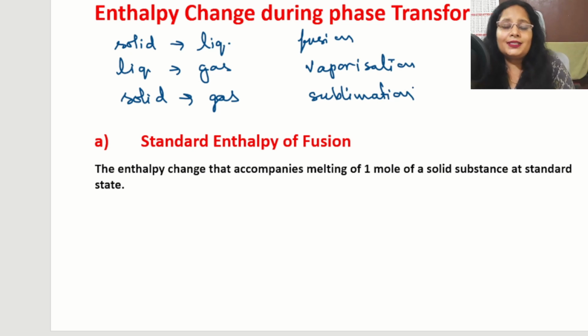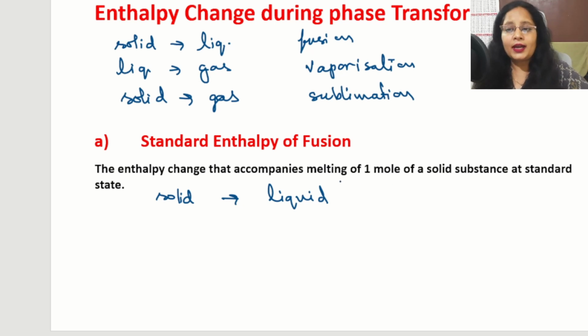So what is the energy change or enthalpy change when there is a phase transformation? That we will study now. First of all, we will study the standard enthalpy of fusion. It means from solid to liquid. When there is a transformation from solid to liquid, the enthalpy change that accompanies melting of 1 mole of solid substance at standard state.